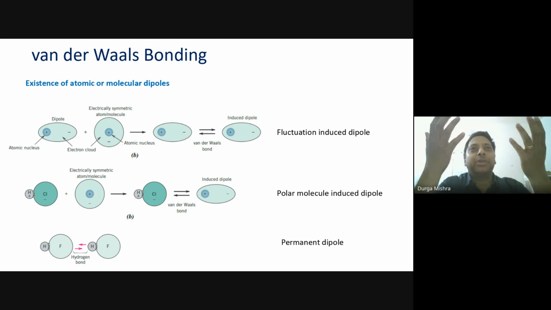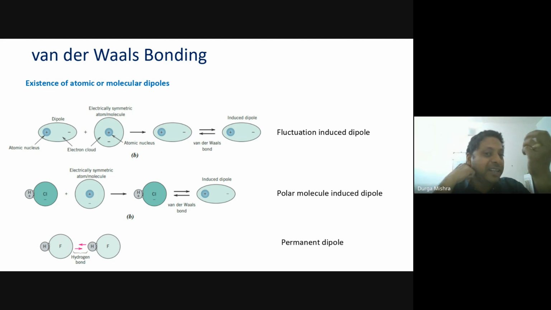There are three ways in which this van der Waals bonding manifests or develops in materials. The first way is what we call a fluctuation-induced dipole. Ultimately, if you want a van der Waals interaction, you need an electric dipole moment.